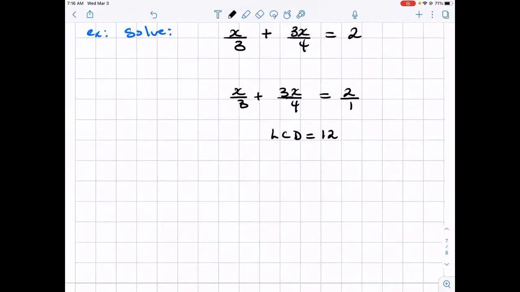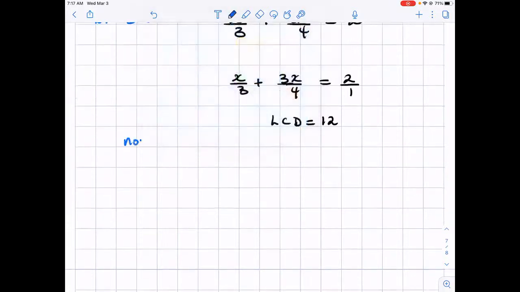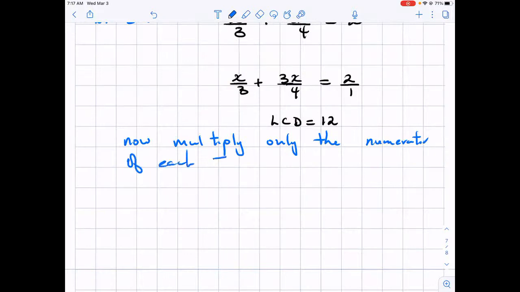And remember, I said now we multiply only the numerator of each term by 12. Okay.